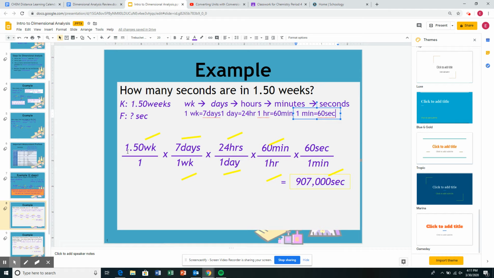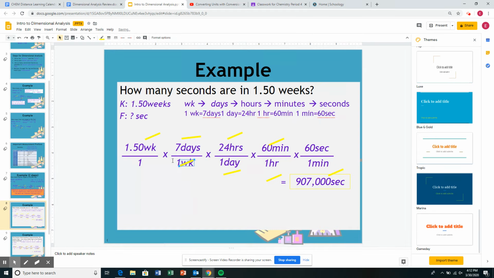Moving on with this problem though, we are starting with our known. We have 1.5 weeks. We are going to set that over the number 1 and multiply by each one of our conversion factors. We want to multiply by the next conversion factor, the one that breaks down weeks into a smaller unit. 1 week is equal to 7 days.